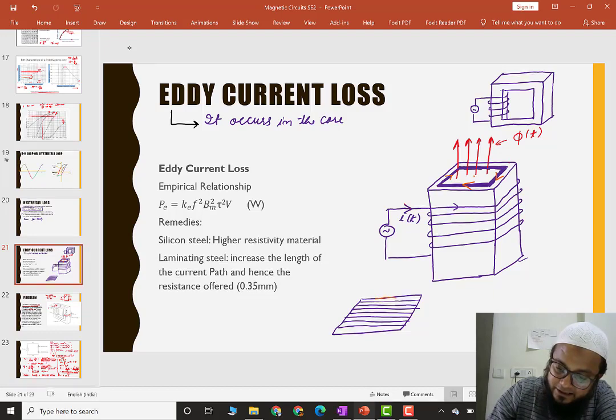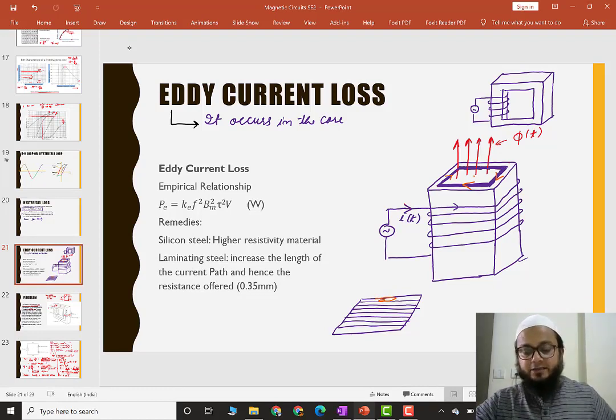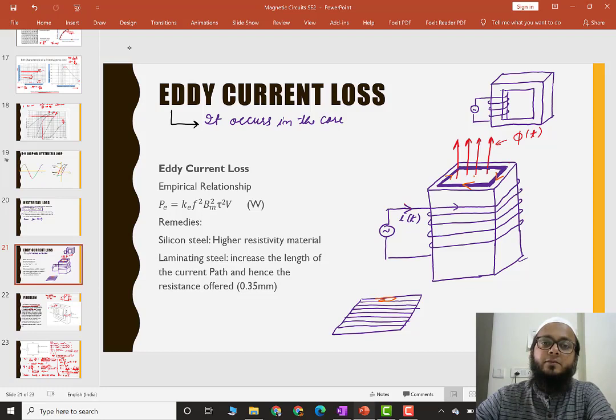Since the resistance of a conducting material depends upon rho L upon A, if I have increased the length, I have increased the resistance of it.